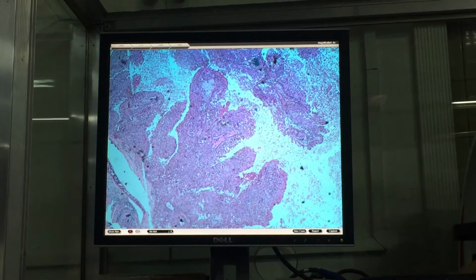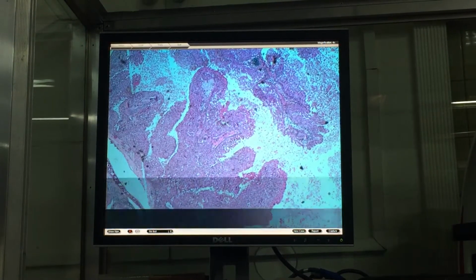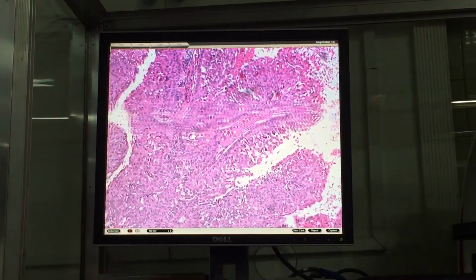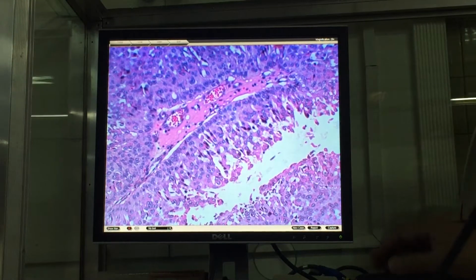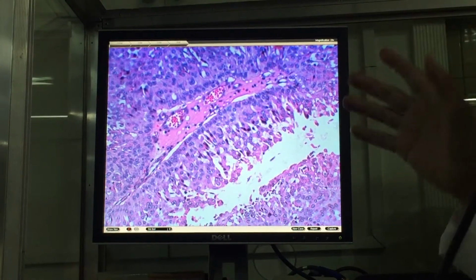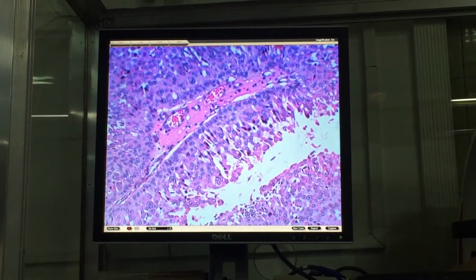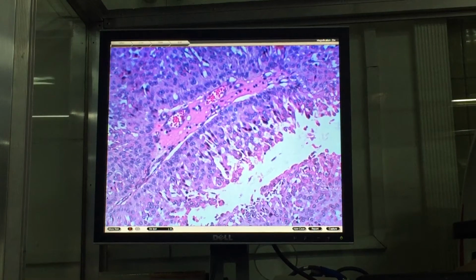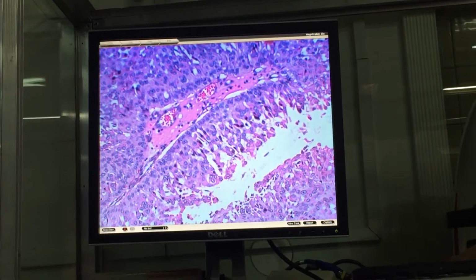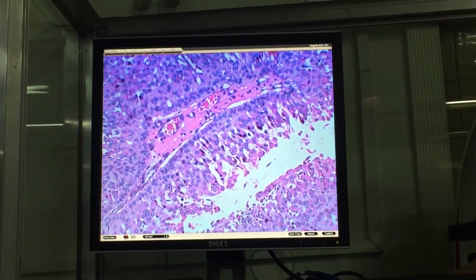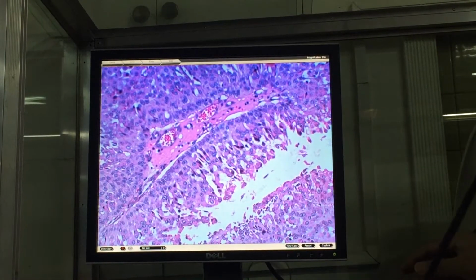This one is also a papillary projection, and if you look at this at high magnification, look at the lining epithelium. Notice that the lining epithelium still resembles the transitional epithelium, but the main difference is that the number of cells in the epithelium is much thicker. The cells are thicker, up to about 10 cell layers.